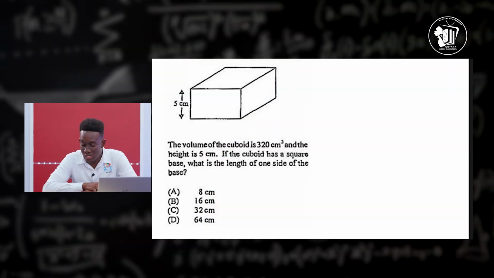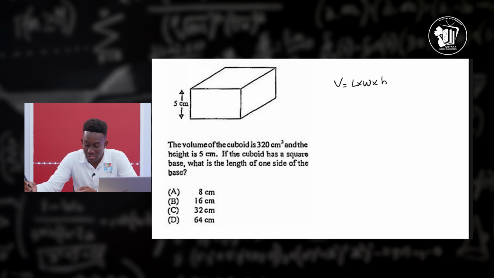So this one says, we have a diagram. The volume of the cuboid is 320 cm cube and the height is 5 cm. If the cuboid has a square base, what is the length of one side of the base? So they want to find the length of one side of the base. So we know normally the volume of a cuboid, the formula is length times width times height.